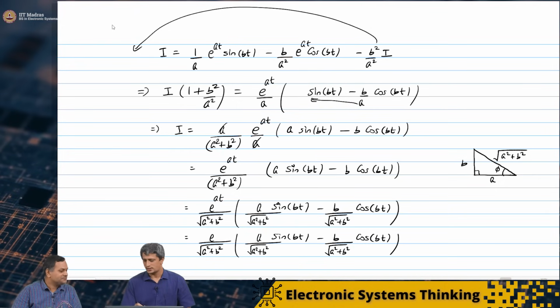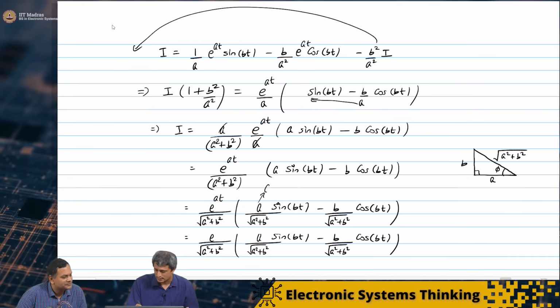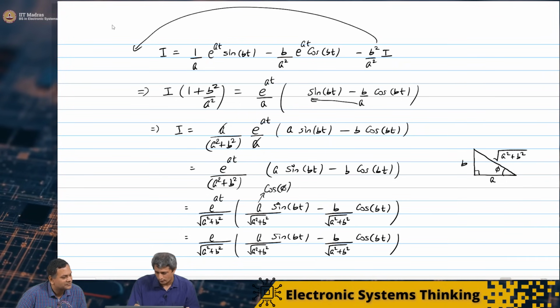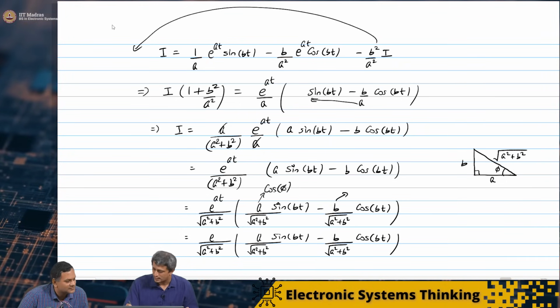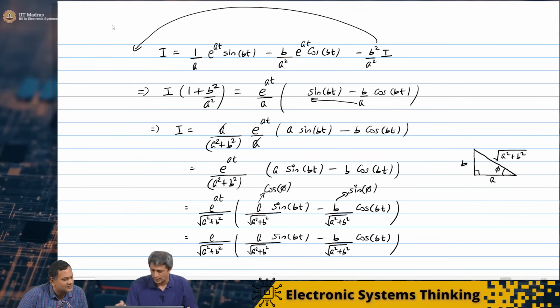So this you can clearly see is going to be cos phi. This is cos of phi, and therefore this has to be automatically sine of phi.